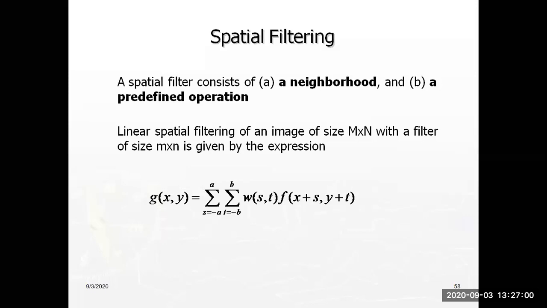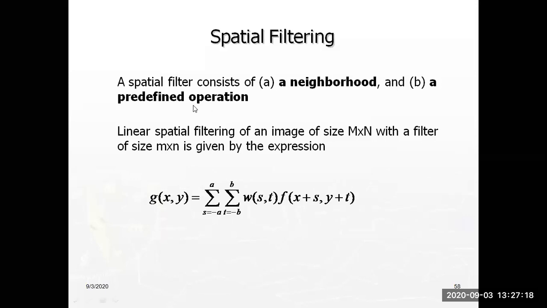But in the case of the frequency domain, the image is first transformed from the spatial domain to the frequency domain, and only then is the filtering operation performed. But here, unlike that, in the spatial domain we are performing it directly.